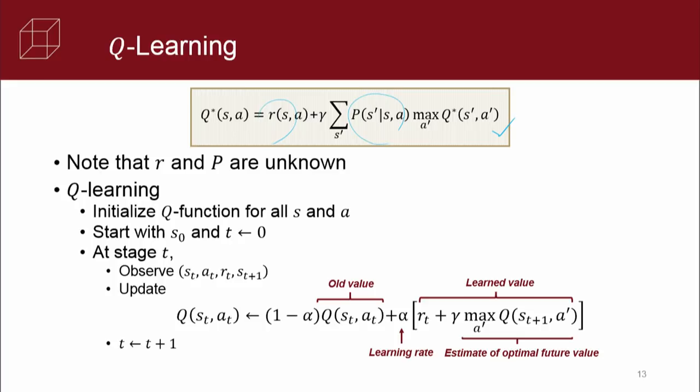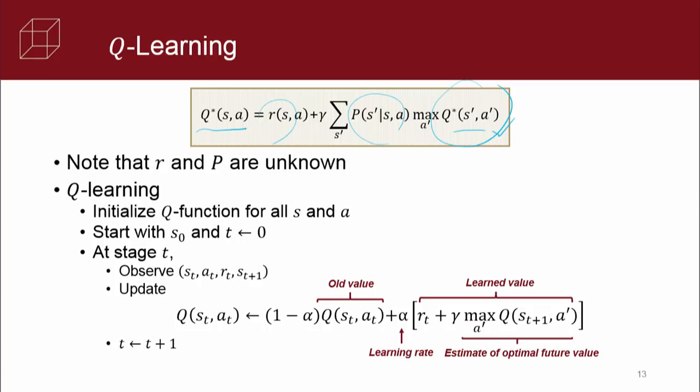Thus, instead, we borrow the scheme from value iteration, because we have Q on both sides, and we can apply the scheme of value iteration to these optimality equations of the Q function. So the basic idea in Q learning is to incrementally estimate the Q values for each pair of state and action, based on the feedback, which is the reward from the environment, and the agent's Q value function. Here are the steps of Q learning.